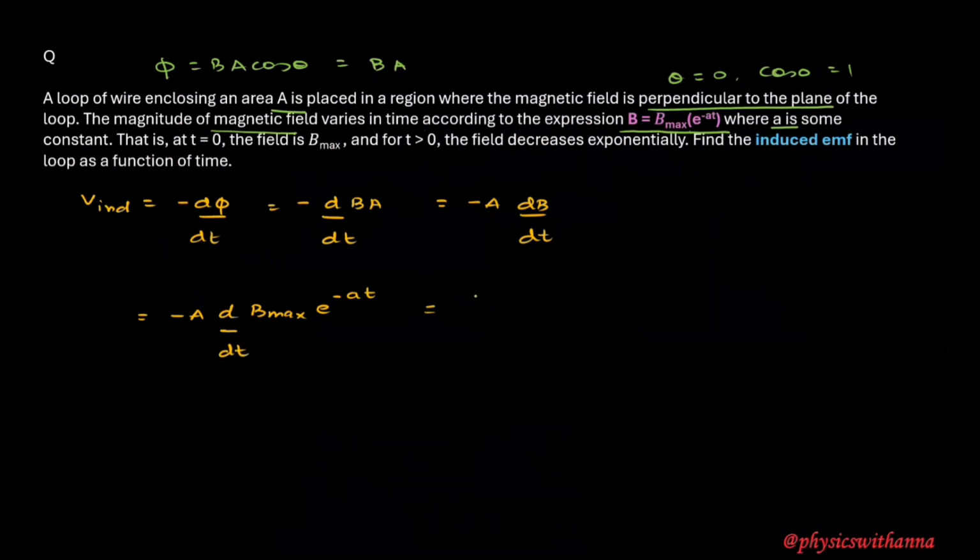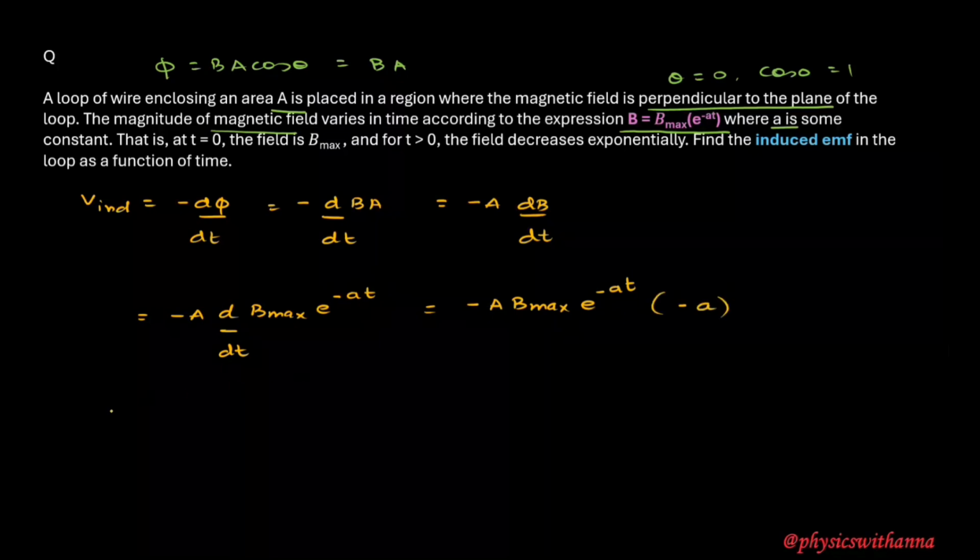Now take the derivative of this term. B max is a constant, so it remains as it is. Derivative of e to the power is the same, e to the power negative at. Then we have to take the derivative of the power here. So derivative of negative at will be equal to minus a. So you get induced EMF to be equal to small a into the area A times B max e to the power negative at.